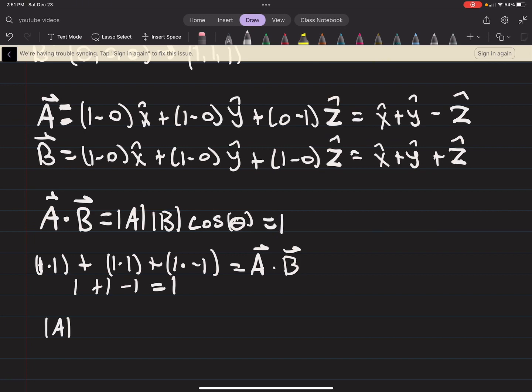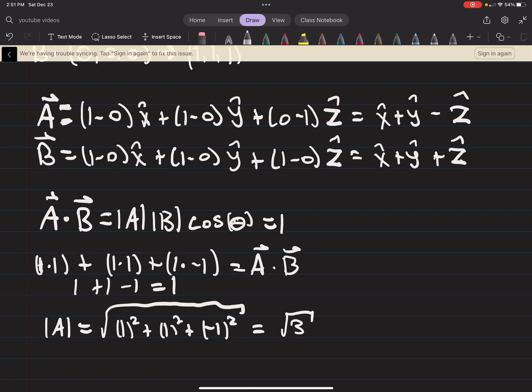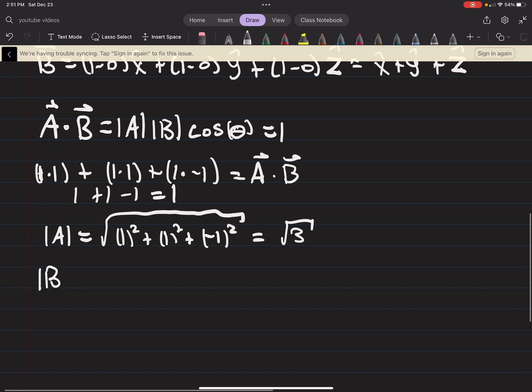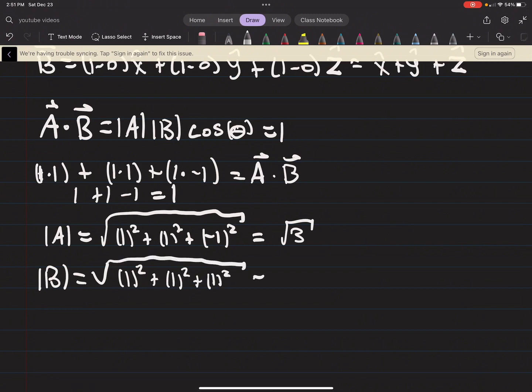The magnitude of A is the square root of 1 squared plus 1 squared plus negative 1 squared, which is just the square root of 3. And likewise, the magnitude of B is the square root of 1 squared plus 1 squared plus 1 squared, which is also the square root of 3.